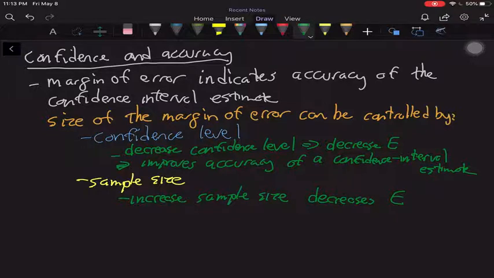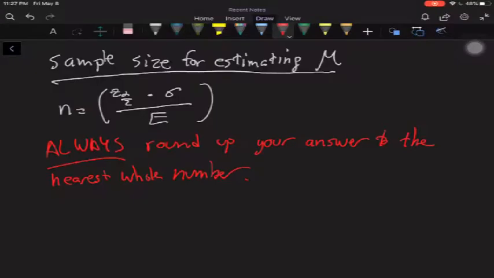Now, the second thing that can affect accuracy is sample size. When we increase the sample size, this decreases the margin of error and also improves the accuracy of the confidence interval estimate. And this is because the sample size appears in the denominator for the margin of error equation. So how do we determine the required sample size if margin of error and confidence level are given, but sample size isn't?